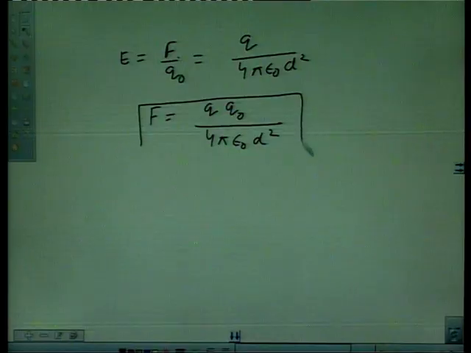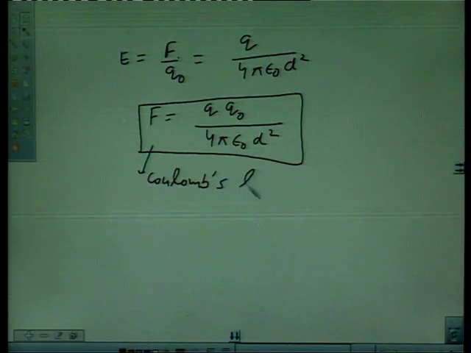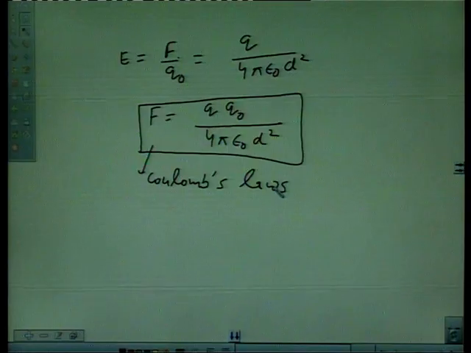So, this is the expression for Coulomb's law, which states that electrostatic force between two charges q and q naught is directly proportional to their product and inversely proportional to square of distance between the two charges. Hence, we have deduced Coulomb's law from Gauss's law.